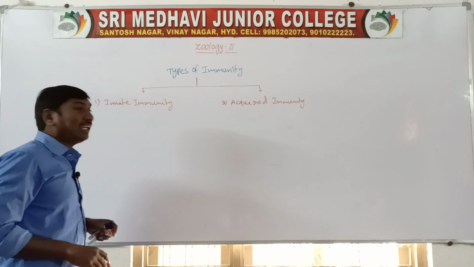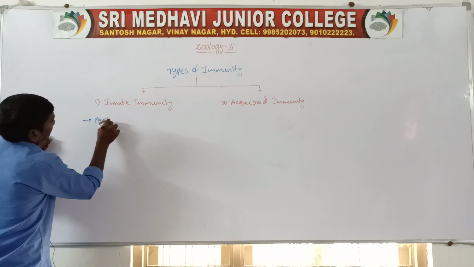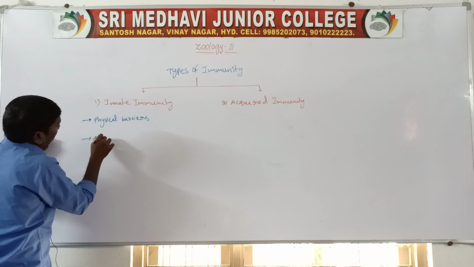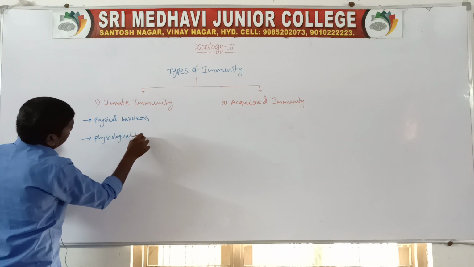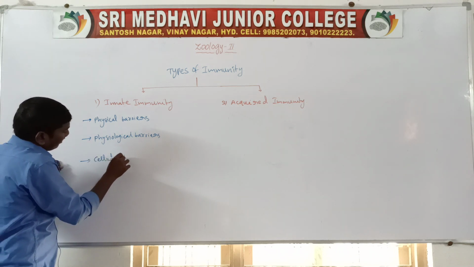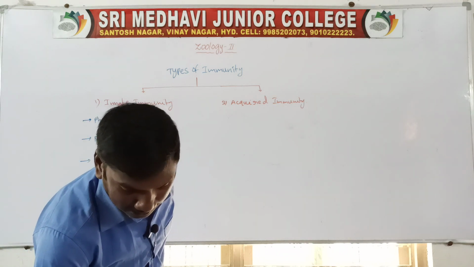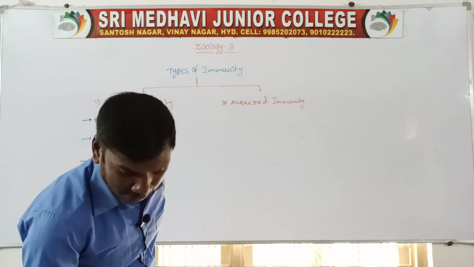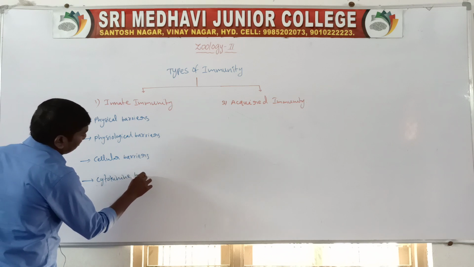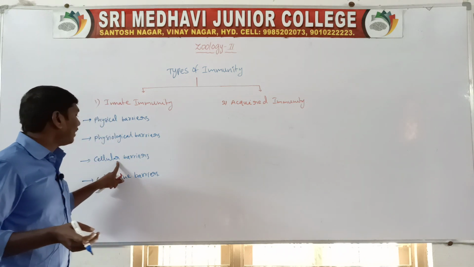The innate immunity contains four types of barriers: physical barriers, second one physiological barriers, third one cellular barriers, and fourth one cytokine barriers.